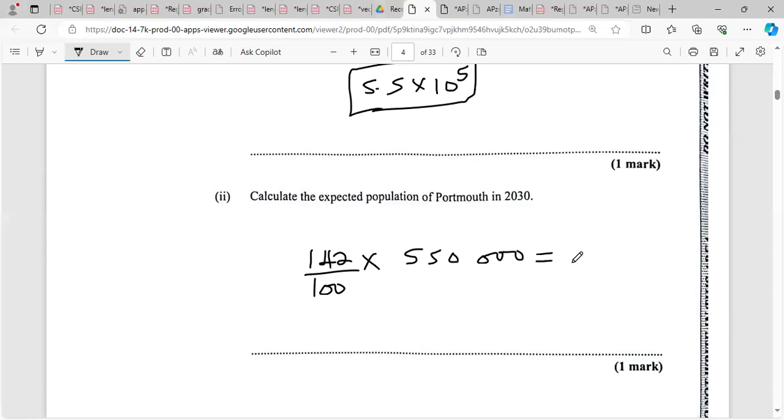I've no time to waste. 142 divided by 100 times 5500. Alright, my calculator gives me 7810, so that's only worth 1 mark.